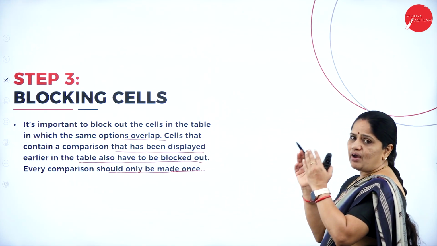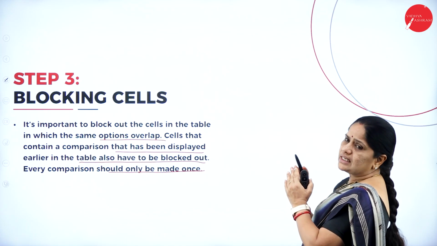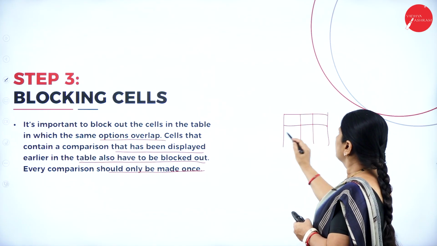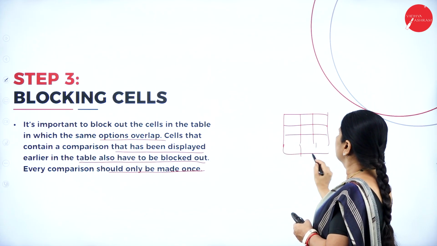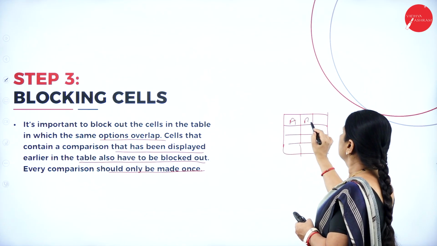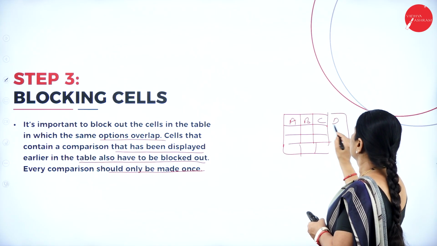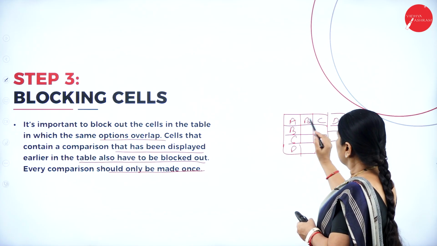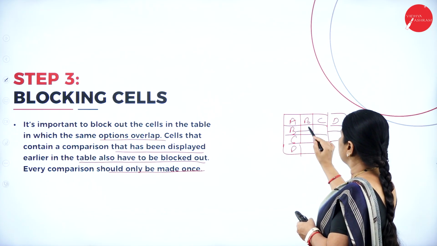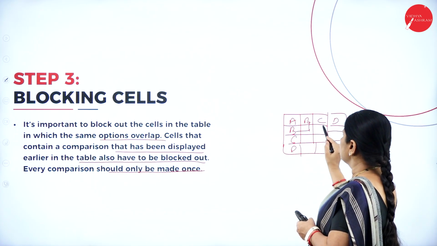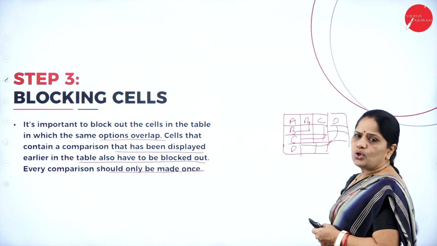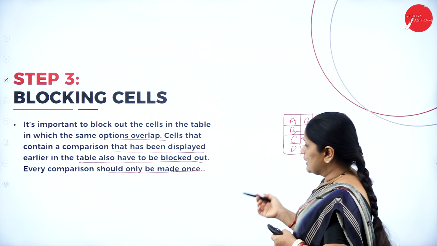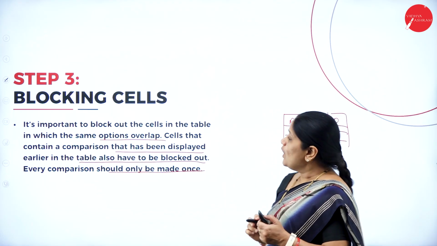For example, in this table we have A, B, C, D. A comparison of B and B comes here, then B and C. Those comparisons which are already known, we have to block, and the comparison should be made only once.